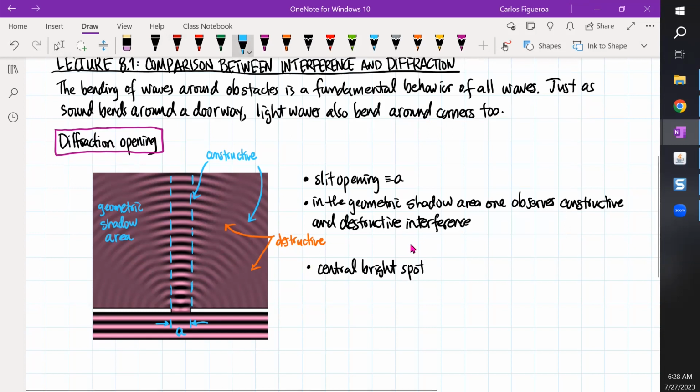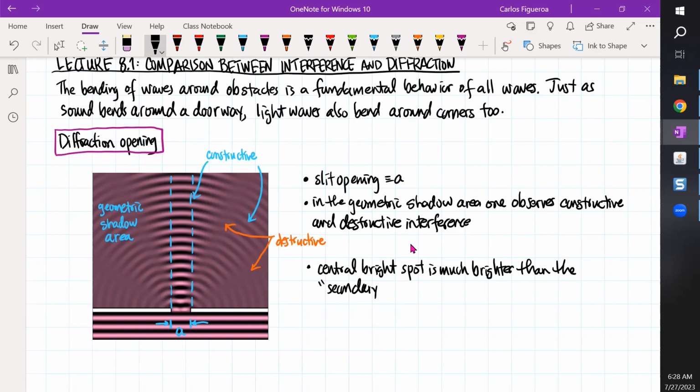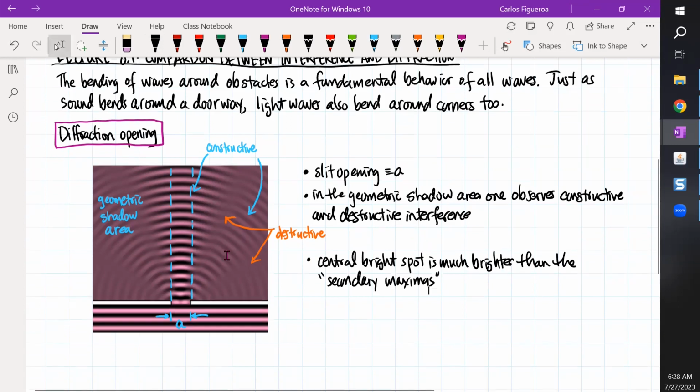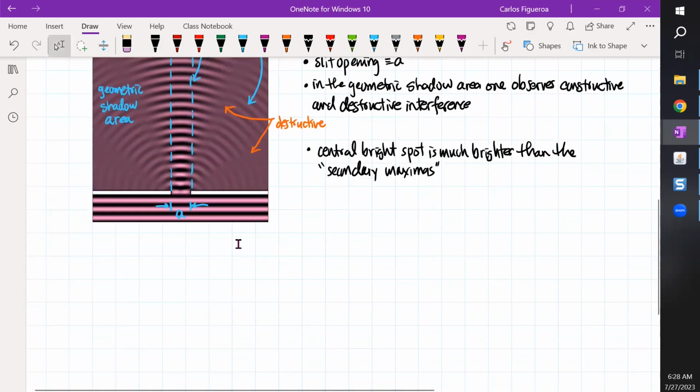And the central bright spot is smack in the middle of this and is much brighter than the secondary maximas. So in interference, we call them bright and dark fringes. That's not what we call them in diffraction.